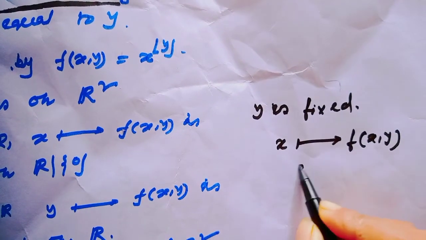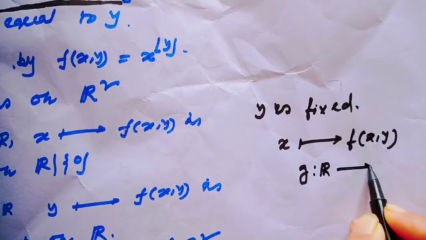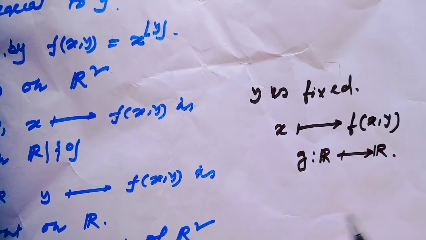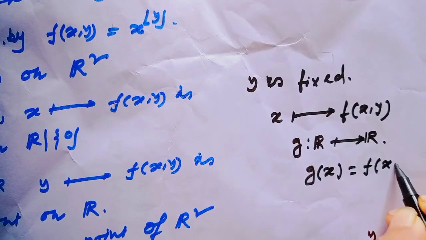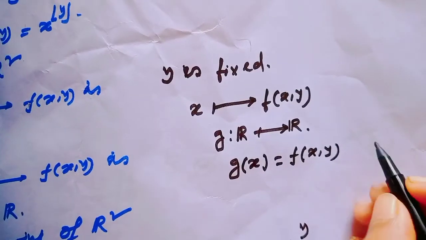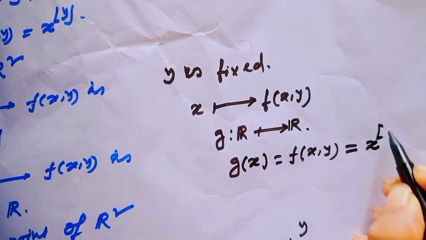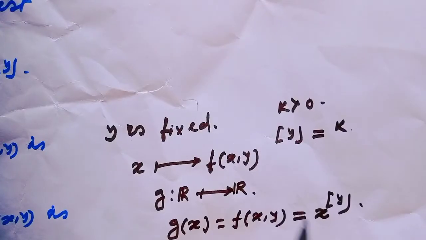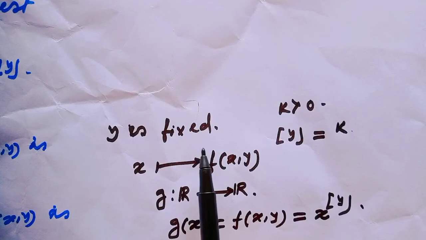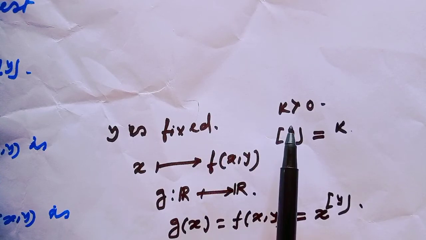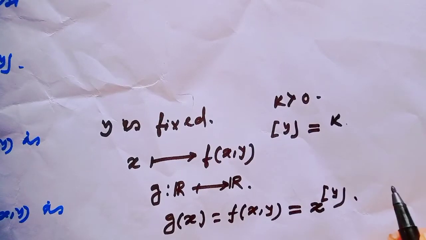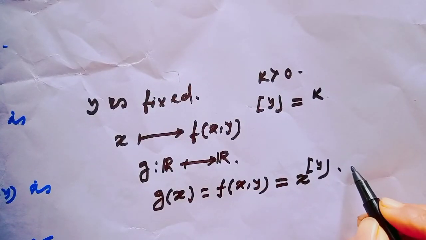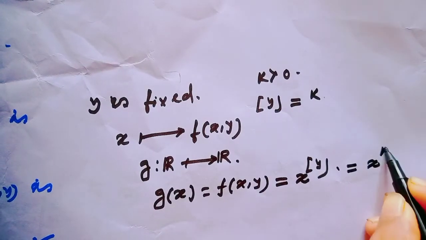So consider the new function g from R to R such that g(x) equals f(x,y), which is denoted as x to the power box of y. Since y is fixed, I have chosen a number k greater than 0, then box of y will be k. Then our new function will be represented as x to the power k.